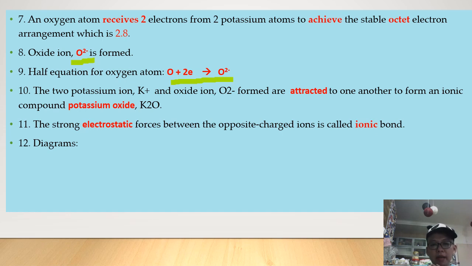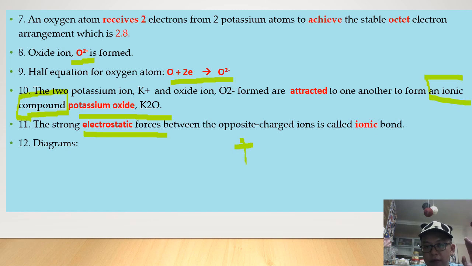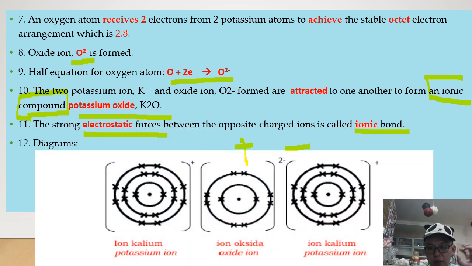The 2 potassium ions, K plus, and the 1 oxide ion will form together. So they are attracted to one another to form an ionic compound, which is potassium oxide, K2O. The very strong electrostatic force between these 2 opposite charges, positive and negative charge, we call ionic bond. As just now, you have to draw a diagram showing how the potassium oxide is forming.